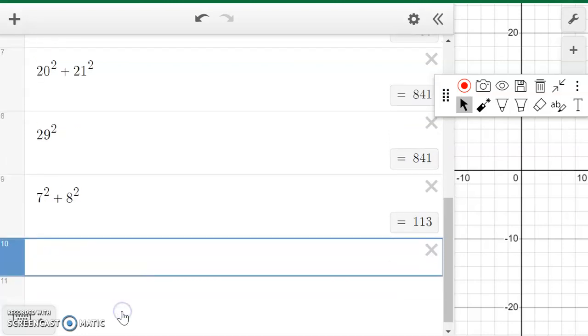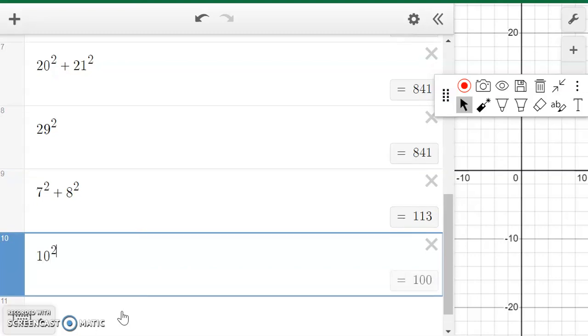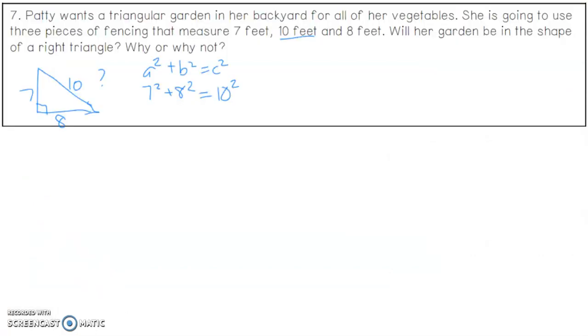That's 113. Hopefully you know what 10 squared is, 100. So 113 does not equal 100, so this is not a right triangle. And our proof is this right here, because the Pythagorean theorem doesn't work. It's not a true statement.